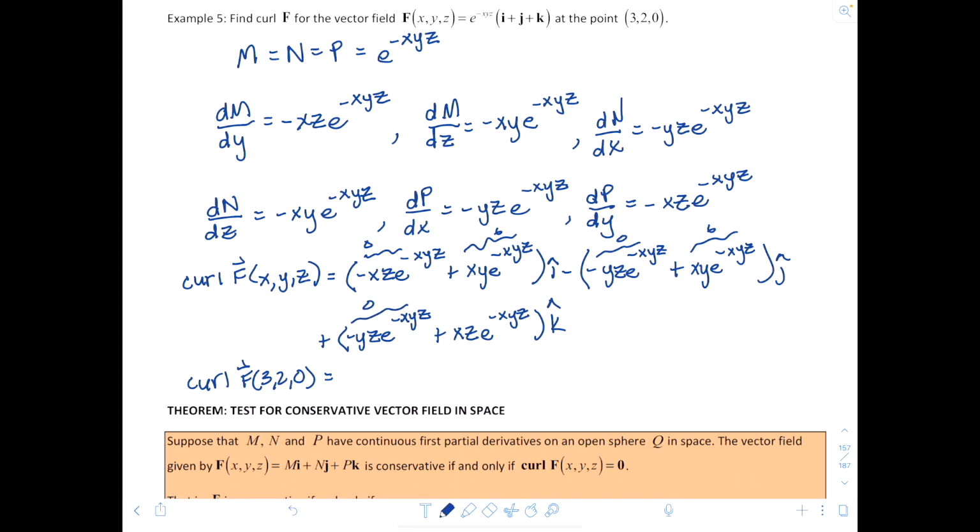This one will zero out, and this one will zero out. And so we'll end up with 6i minus 6j, and then the k zeroes out. Groovy?